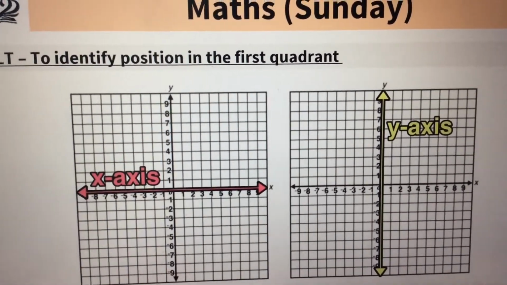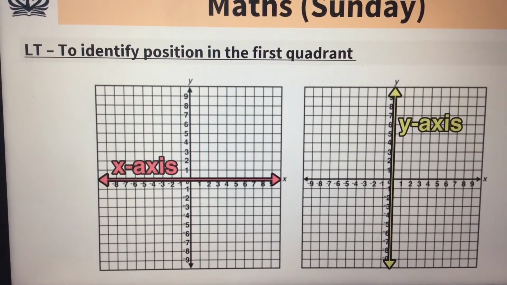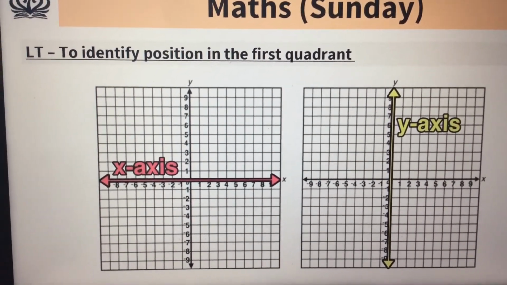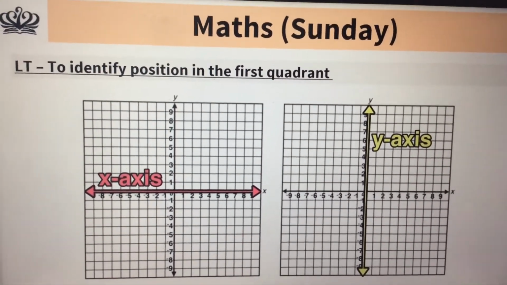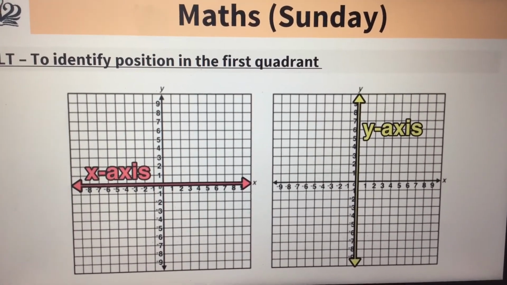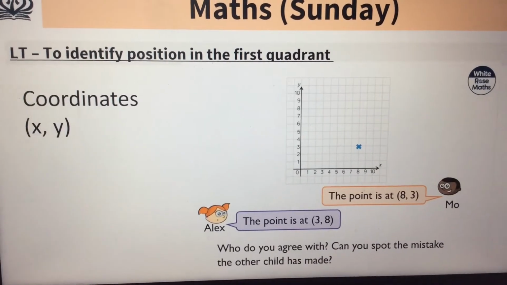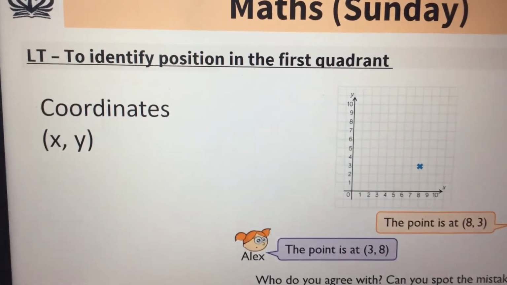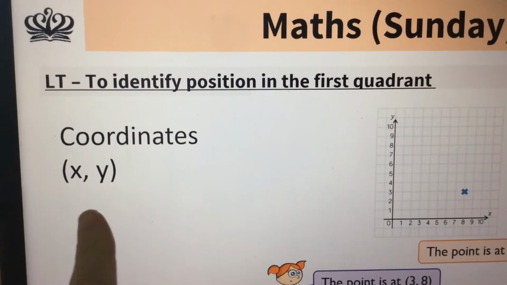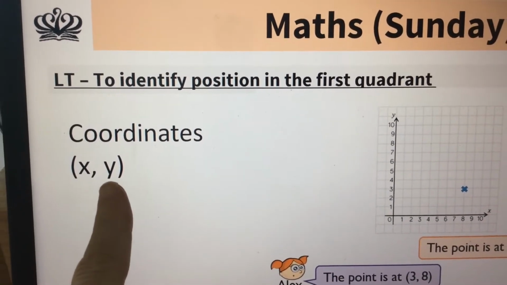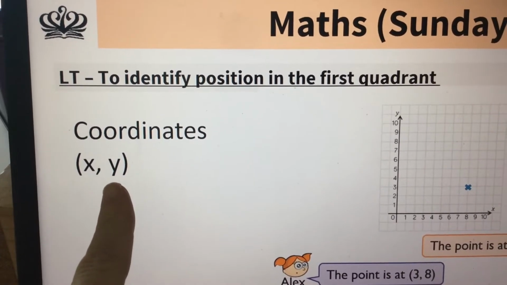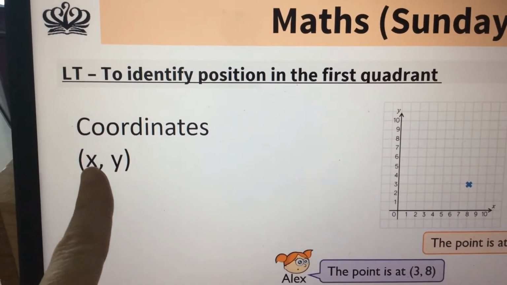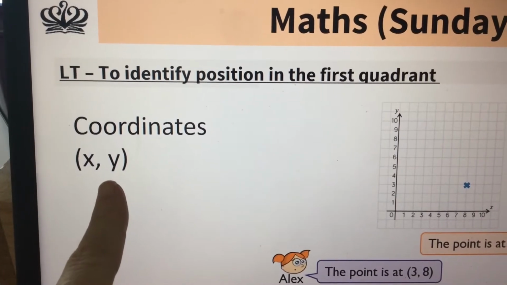Hopefully that's a bit of a recap from before. If you're not sure, then you might want to go back and remember this later on this week. Right, and when we plot coordinates, we always put the x value first and the y value second. So it's always x first and then the y.